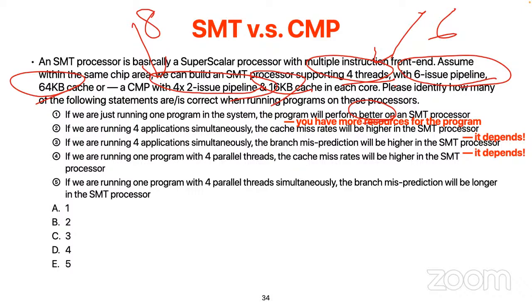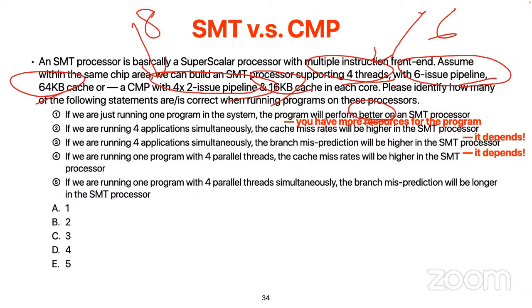However, if you are in a CMP context, you might have to train the predictor again. So isn't that an example of how SMT would actually have better branch prediction performance?